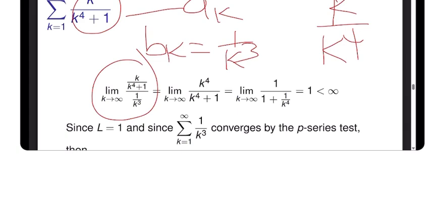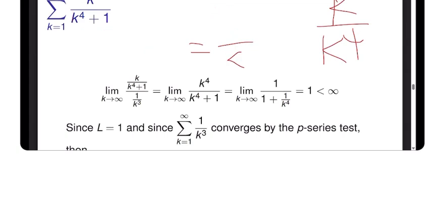So now we're simplifying. When you simplify, this is what you're going to get. Do you know what happened here? Please pay attention.